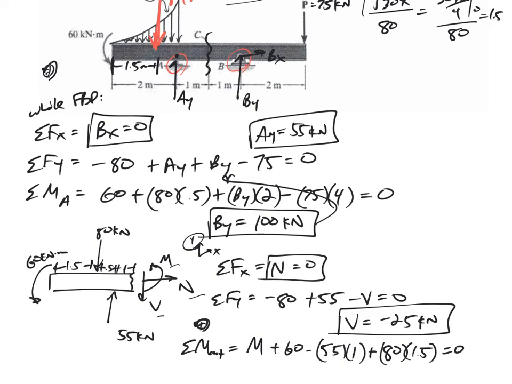Set that equal to 0, and I would get my M is negative 125 kilonewton meters. I want you to leave it negative because we're all using the positive sign convention, so we're all going to get negative 125 kilonewton meters.